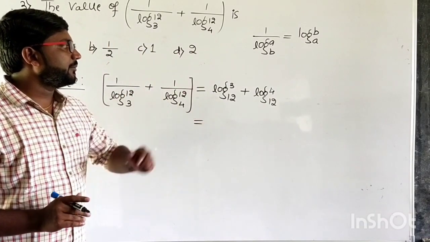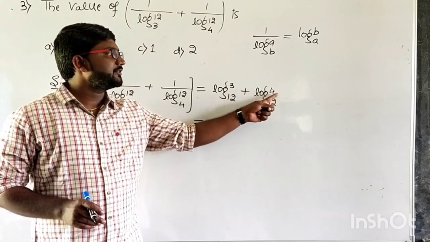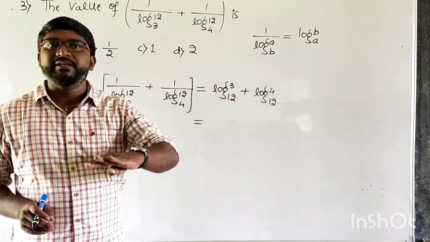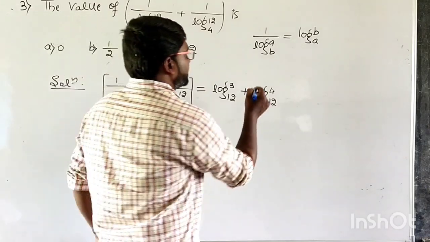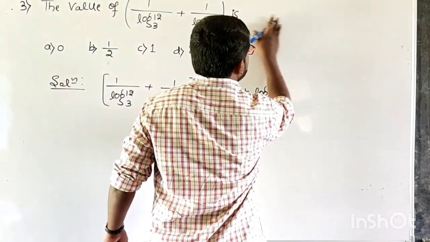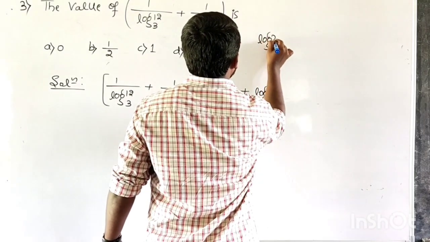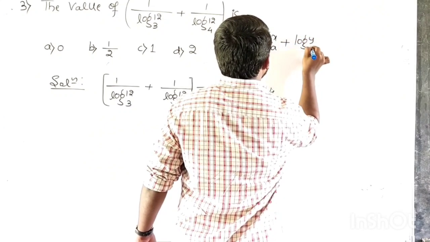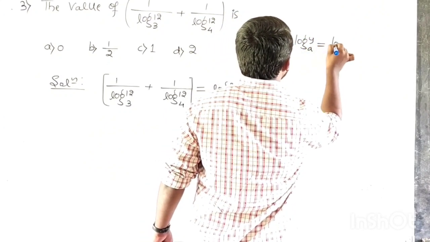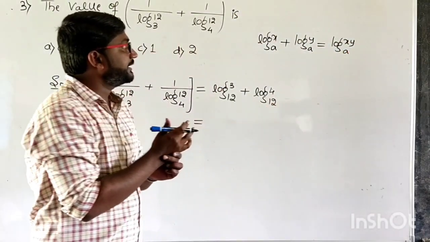Now this is in the form of log x to the base a plus log y to the base a. So log x plus log y can be written as log xy. The standard property is log x to the base a plus log y to the base a can be written as log of xy to the base a.